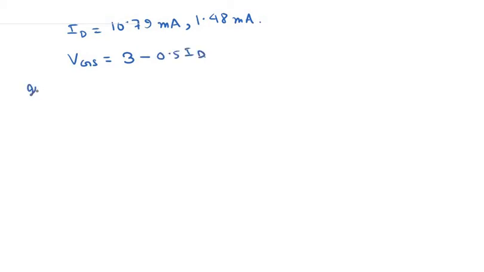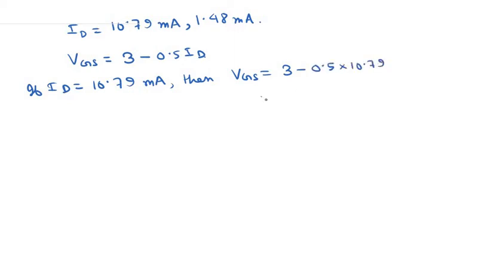So if ID is equal to 10.79 milliamperes, then VGS is equal to 3 minus 0.5 into 10.79 volts, which is approximately 3 minus 5.4 volts, which is basically equal to minus 2.4 volts.